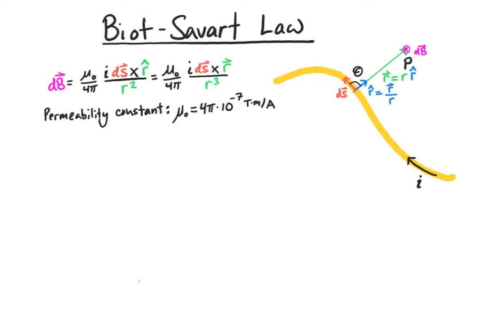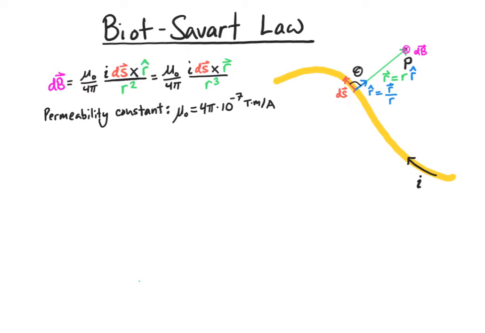Coulomb's law is simpler because the only thing that matters for an electric field is how much charge and where is it. But for magnetic fields, what we care about is how is charge moving, and that means how much charge is moving, how quickly is it moving, and in what direction is it moving. Magnetic fields are more complicated because it has this directional dependence on the source of the field.